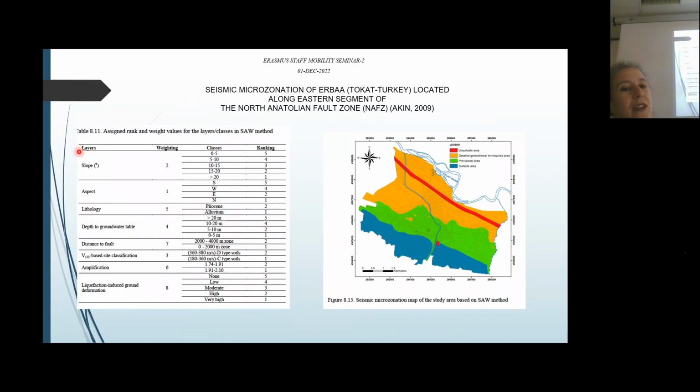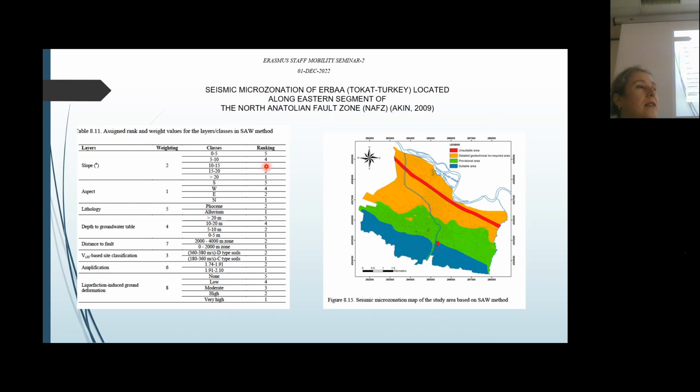Afterwards, I did the results for two different approaches, including different weighting systems. So I considered different layers for microzonation, giving different classes and different ranking systems.